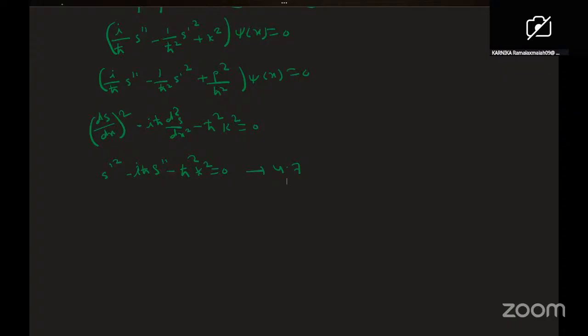Expanding s of x in powers of h cut and keeping only the lower order terms, we get s of x is equal to psi naught of x plus h cut psi 1 of x plus h cut square by 2 psi 2 of x plus so on.